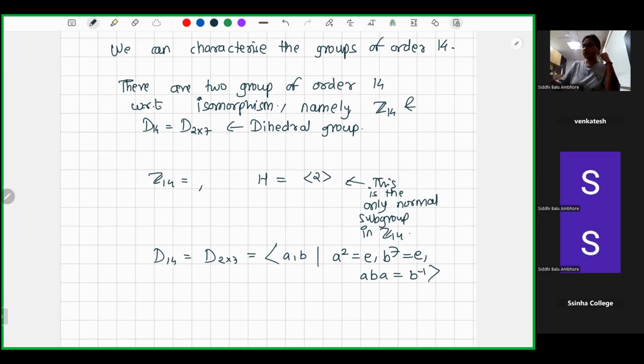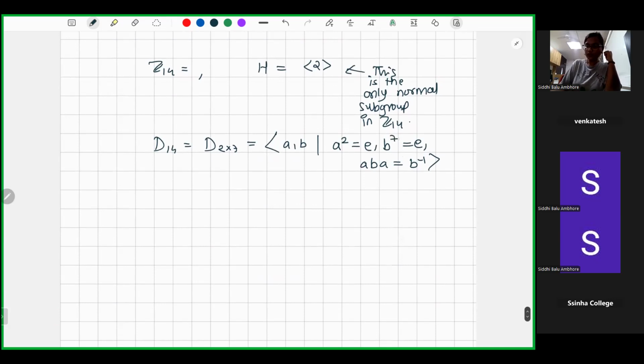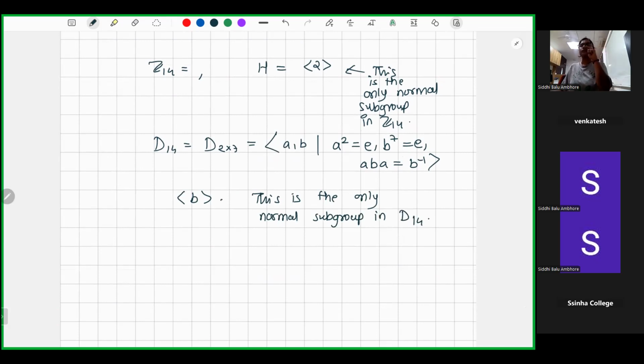The only subgroup of order 7 here is the subgroup generated by B, and this will be the only normal subgroup in this D14.